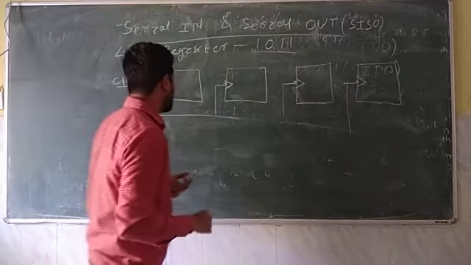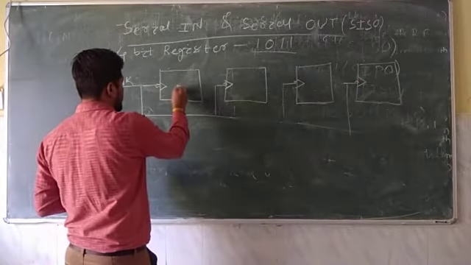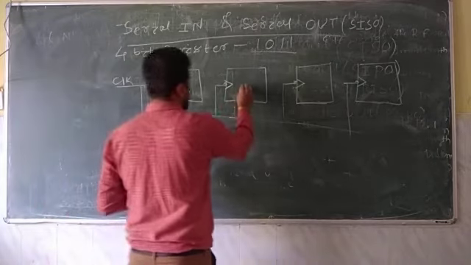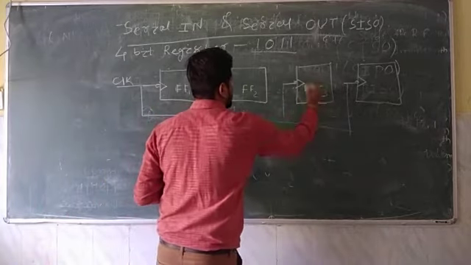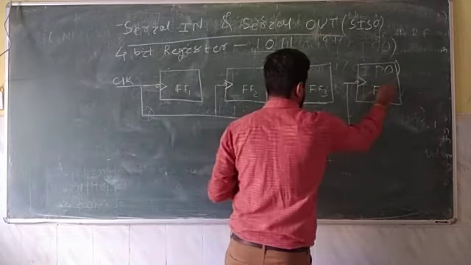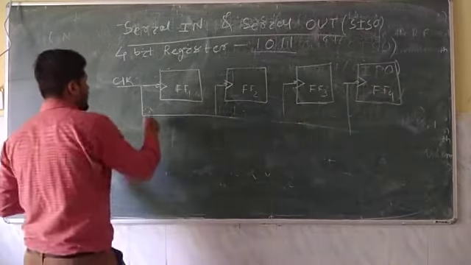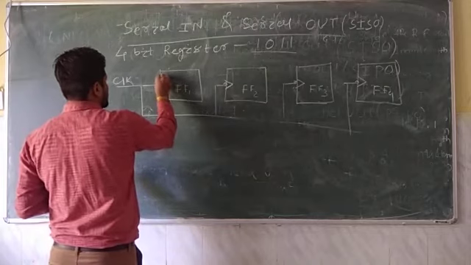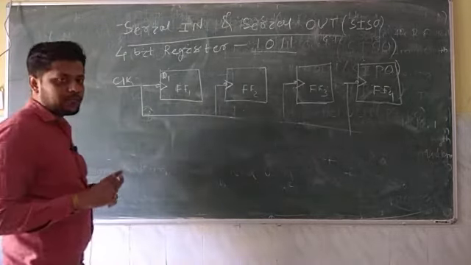So this is flip-flop 1, flip-flop 2, flip-flop 3 and flip-flop 4. Then this is your input. Suppose I am taking D flip-flops here.